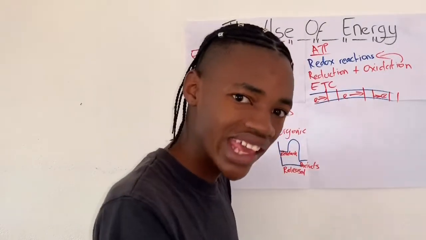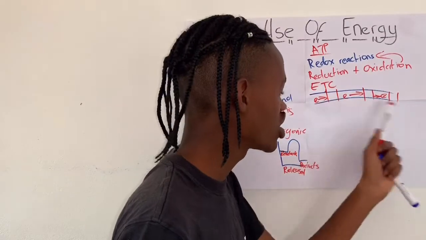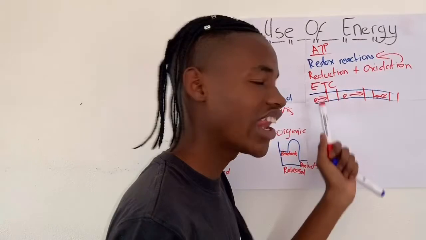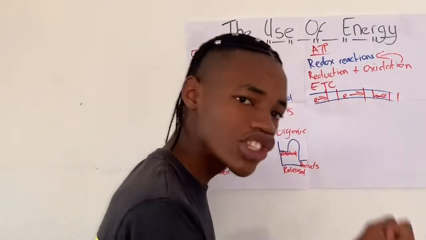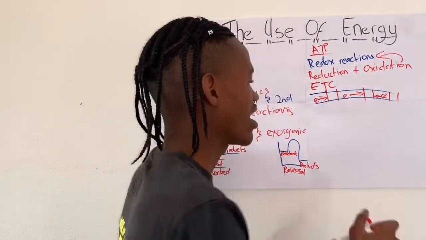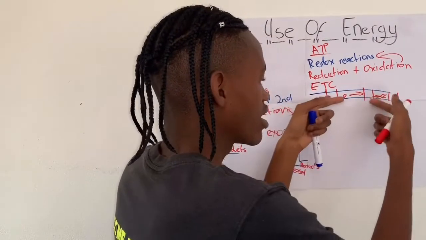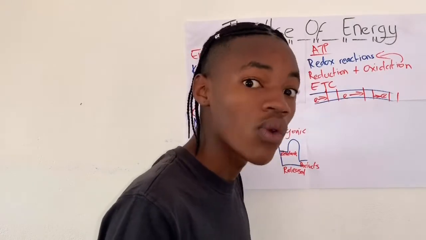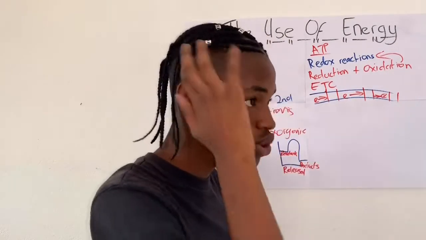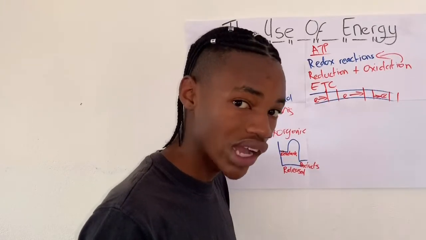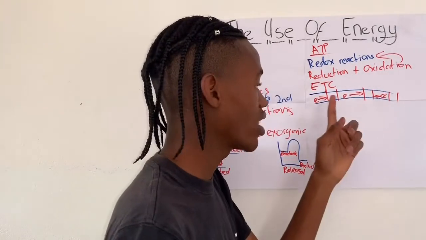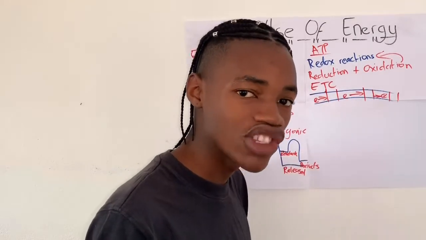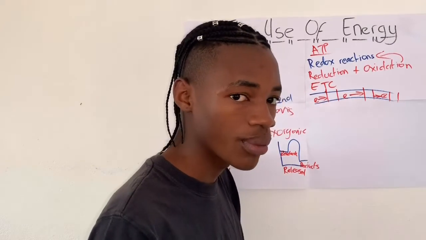And then with each movement, with each transport, with each protein, for the electron to move to the next protein, energy is released, and then the energy that is released moves down and makes a gradient, right, which we'll get into in the next topic when we talk about respiration. But just know that when these electrons move, they release energy, which creates a form of potential energy, and that potential energy is a form of a gradient.